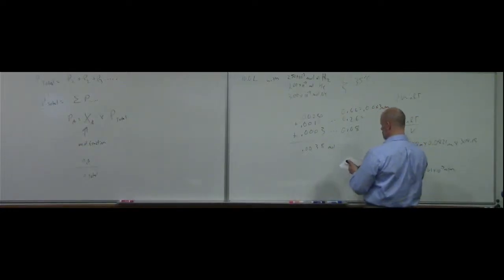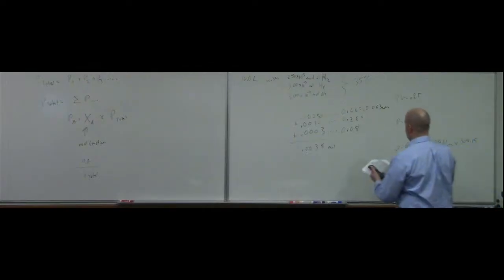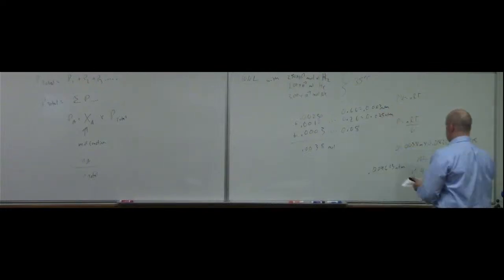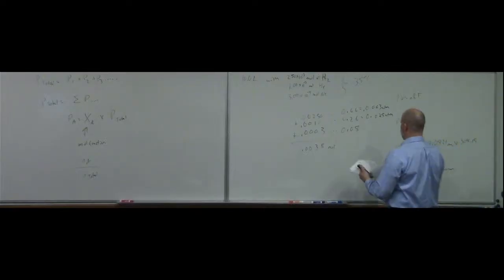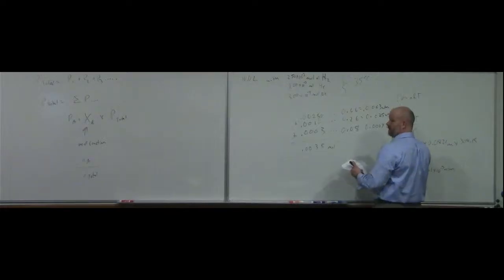And if I do 0.26 times 0.009613, then I get 0.025 atmospheres. Right, and I can do my last one. I go 0.08 times 0.009613. I get a tiny number, right? 0.00077 atmospheres. So check out what you got.